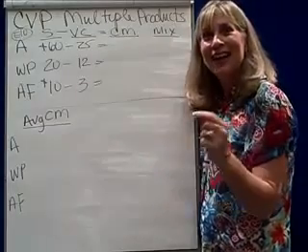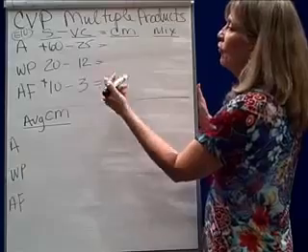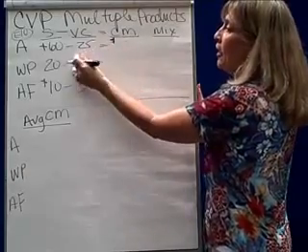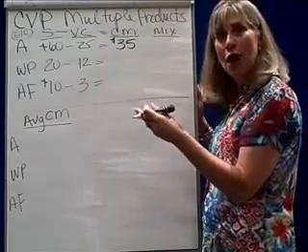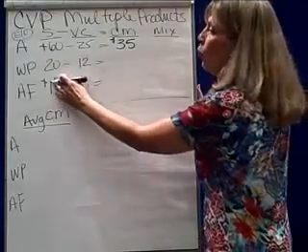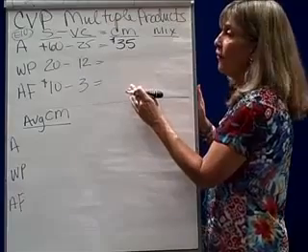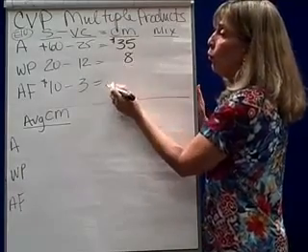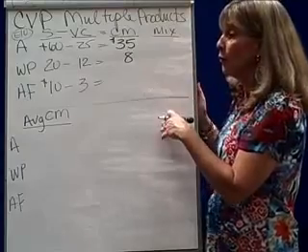So can I find the contribution margin per unit? So 60 minus 25 means that aquariums contribute $35 for every aquarium sold. Water pumps, $20 minus $12 of variable cost means water pumps contribute $8 for every water pump sold.